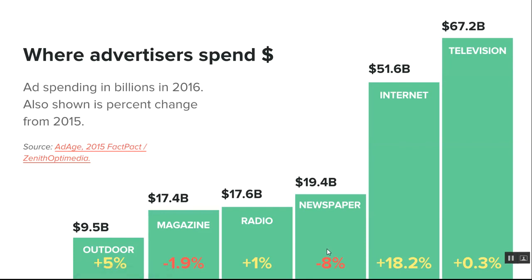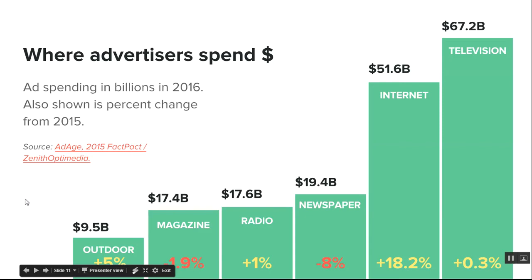That's not good for newspapers. And that might be why you are hearing that newspapers are dead. They're not dead, but $19 billion is still a lot of money. But advertisers are spending less money here in newspapers. And you can see there where the money is going, right here. 18% more in internet in 2016 than in 2015.